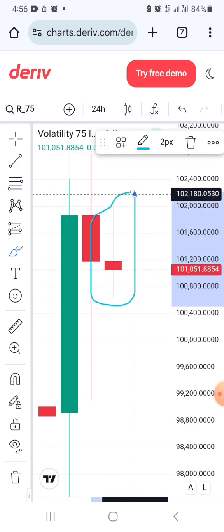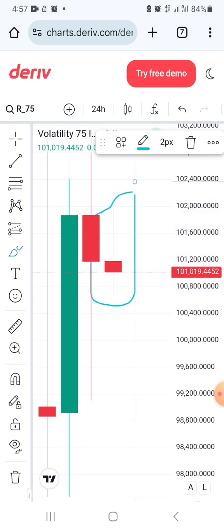So if it reaches 7 or 8 o'clock a.m. GMT, then we know exactly where the bias is going to be, because it will already be showing us, maybe a red candle, or maybe a blue candle.